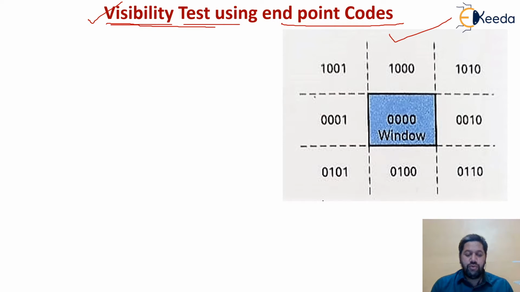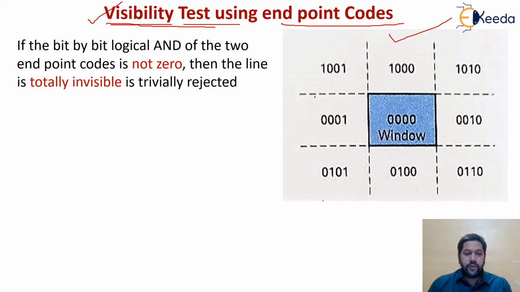Now understand how the logic is applied. If the bit by bit logical AND operation of the two endpoint codes is not zero, then the line is totally invisible and it is trivially rejected. So what is the condition?